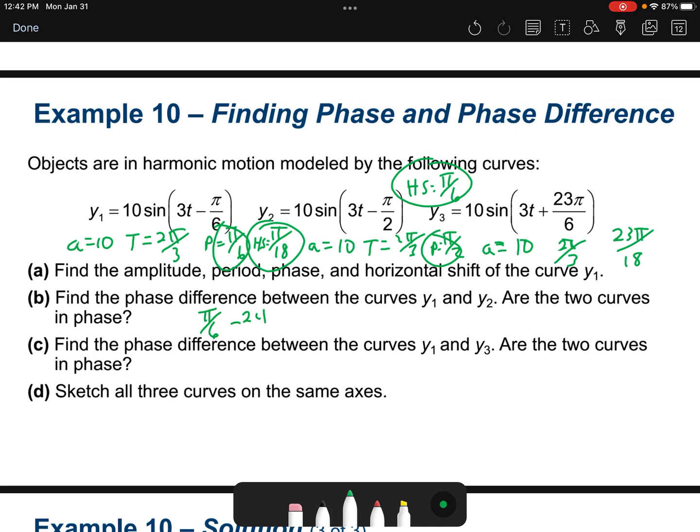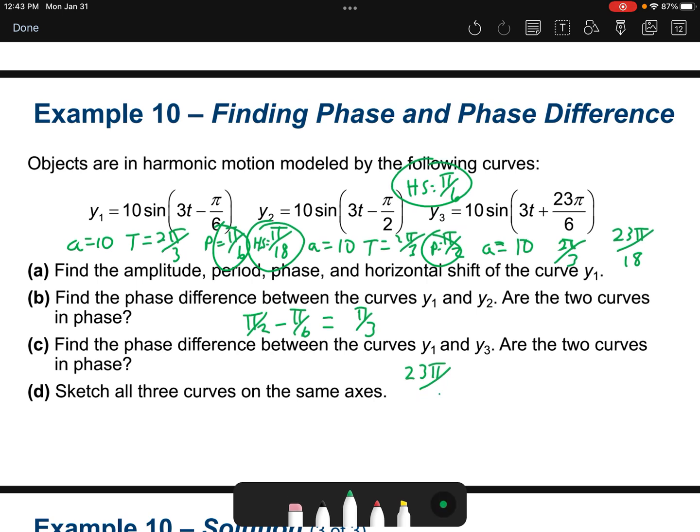Pi over 2, right? Oh, pi over 2 minus pi over 6, sorry. So we're going between these two. So pi over 2 minus pi over 6, y1, y2, that's it. So that'd be pi over 3 would be our phase shift. Our phase difference, sorry.